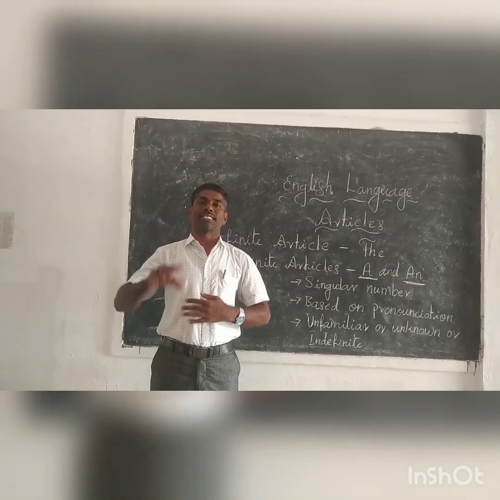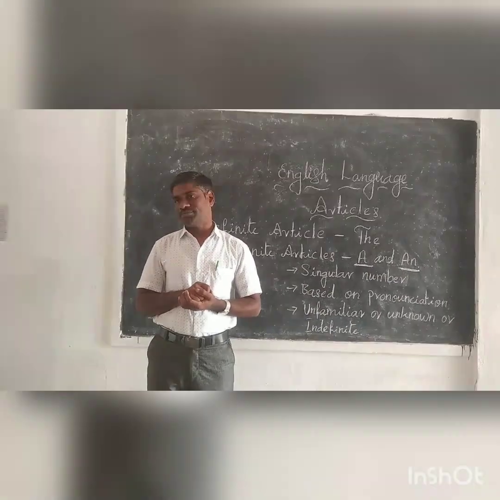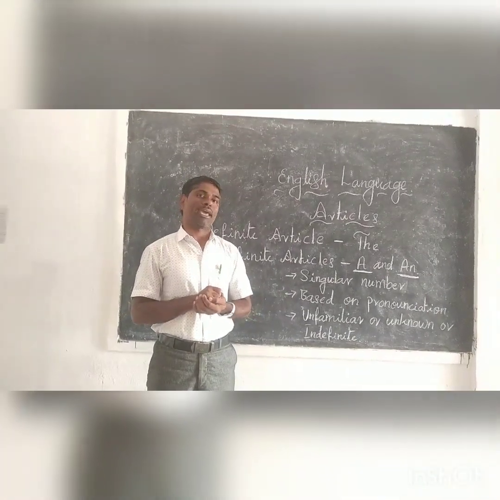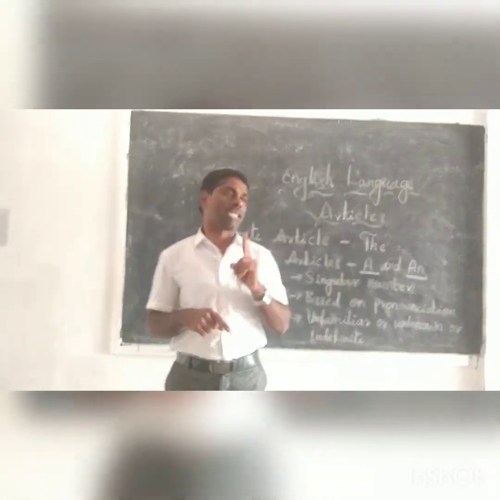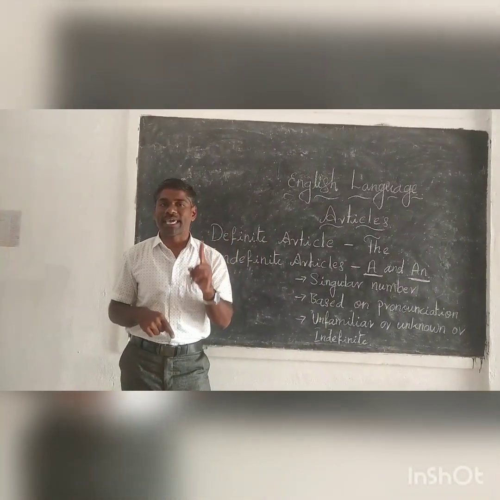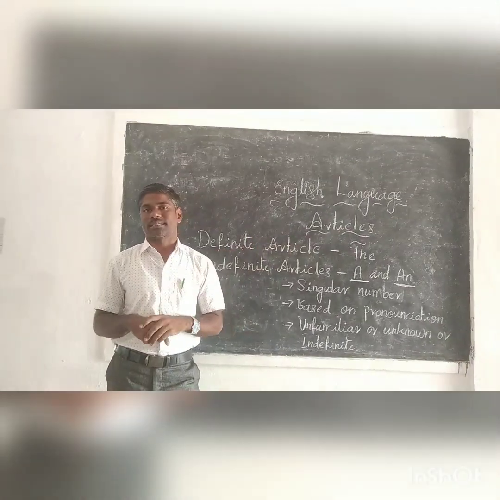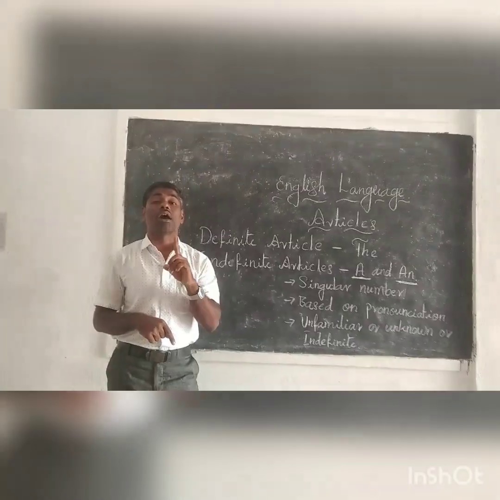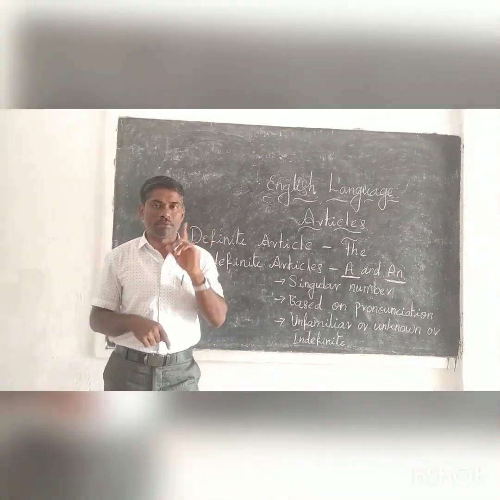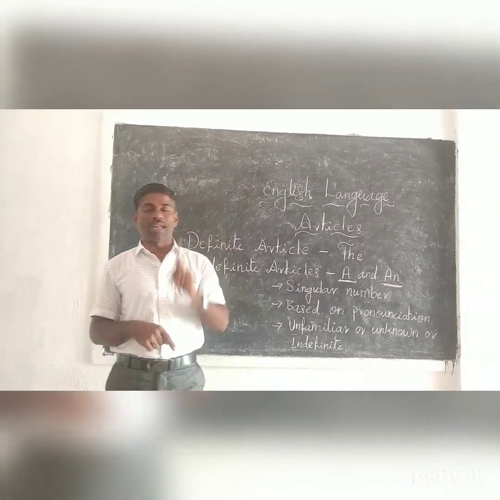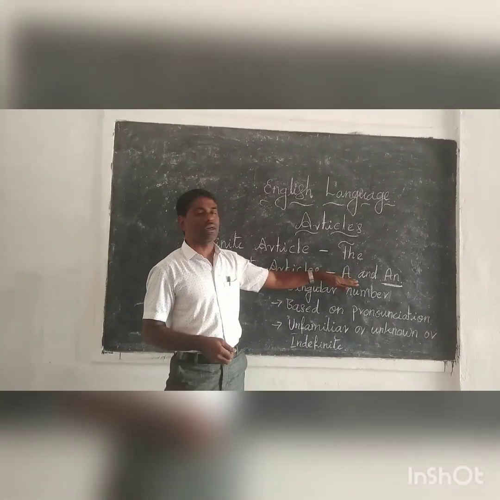Singular noun means, for example, an apple, a boy. A boy means only one boy is there, so we can say a boy. If there are boys, we should not say a boys. Boys is a plural form. A means single, one. When we say one, only then can we use a.